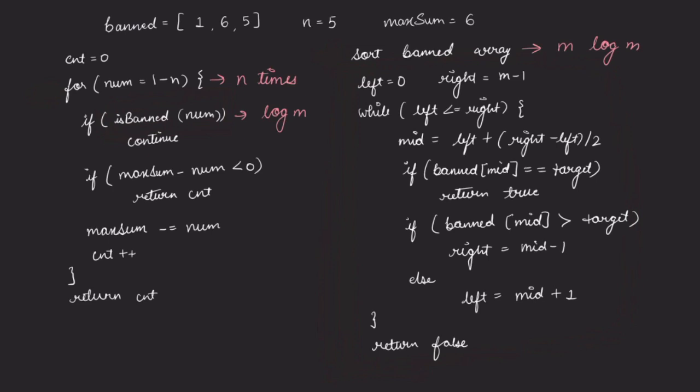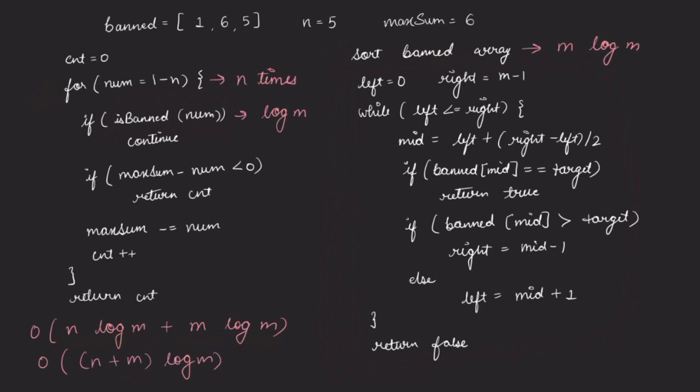Log m, right? So here, the overall time complexity of this particular code will be order of n log m plus m log m. This m log m is for sorting the band array, and this n log m is for this particular loop, right? So we can write it as order of (n plus m) log m, right?